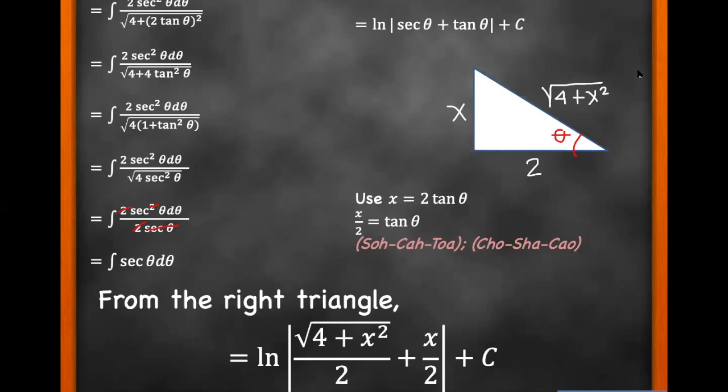So the hypotenuse is the square root of 4 plus x squared, over the adjacent side, which is 2. And then plus tangent theta, which is x over 2, and then plus c. Now we have the final answer for this integral.